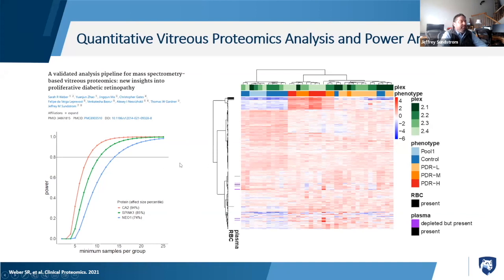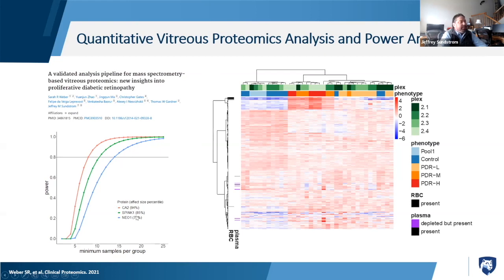So the other big upshot of this manuscript was how many samples do you need to run in order to trust your pathway analysis? There are probably 20 to 23 papers about vitreous proteomics in the literature, and nobody had really stepped back and tried to figure out how many samples you would need to run to get biologically useful and reliable information.